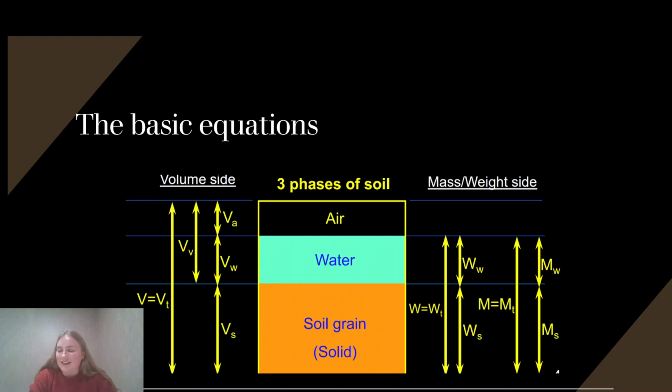Air does take up volume, it doesn't take up mass or weight. So when we talk about mass or weight of the soil sample in this course, they are always referring to the dry mass of the soil particles. So the soil particles, when they're referred to, are completely dry. They don't have any water around them or absorbed into them.